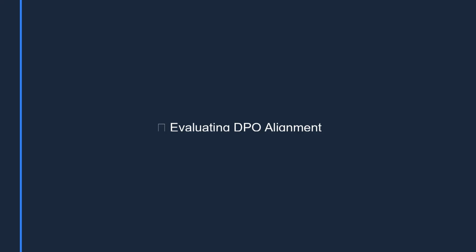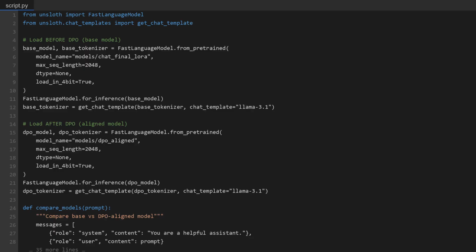Evaluating DPO alignment. Evaluation for DPO is fundamentally comparative. You need to see both the base model and the DPO aligned model respond to the same prompts side by side. This code loads both models using unsloth, calls for_inference on each to put them in generation mode, and then runs a compare_models function that sends the same prompts through both and prints the results.